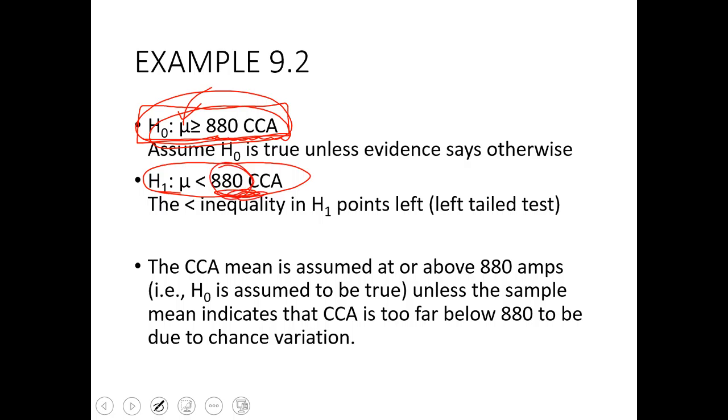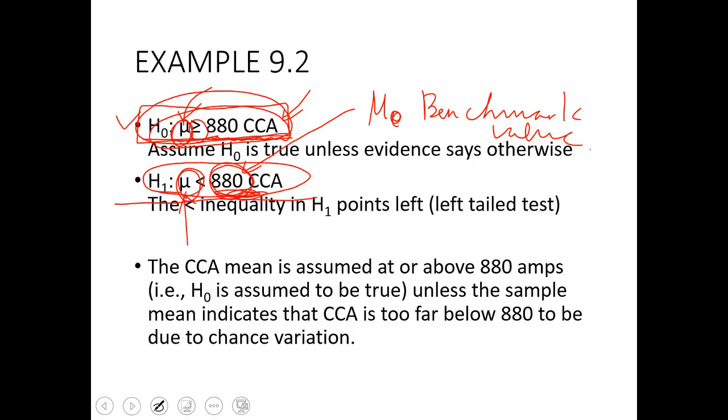So this 880 is called the benchmark, and we say that it is mu 0, the benchmark value. And our population mean should be greater than the benchmark value. Otherwise, we reject this null hypothesis, and that is bad news. In this case, we use the left-tailed test.